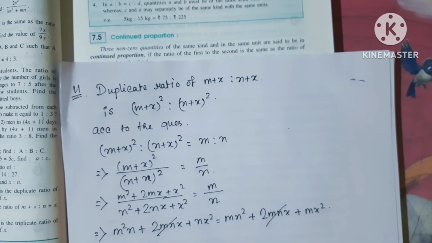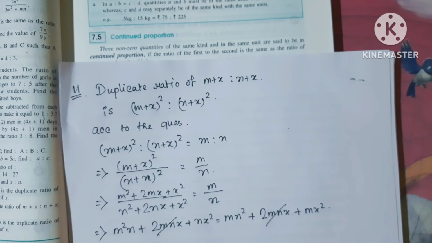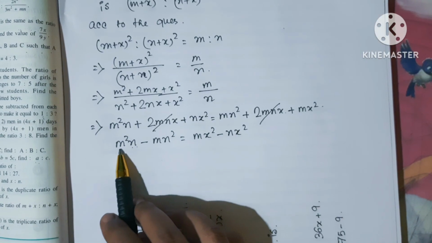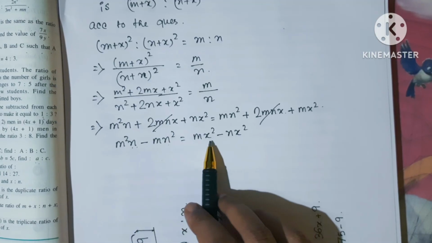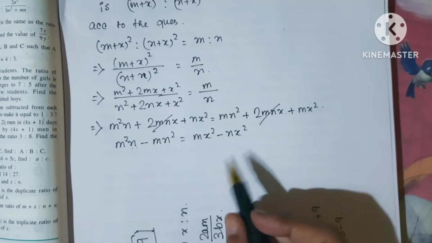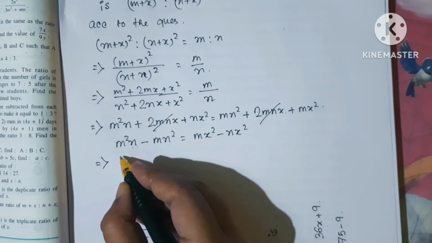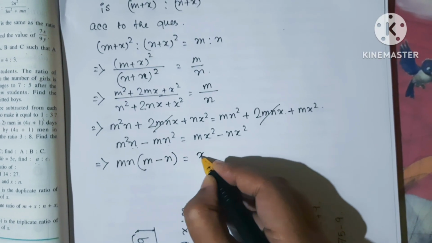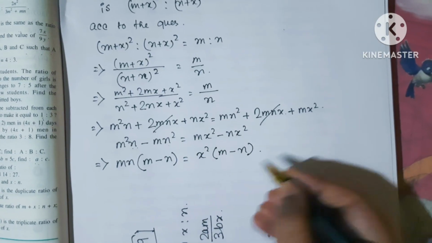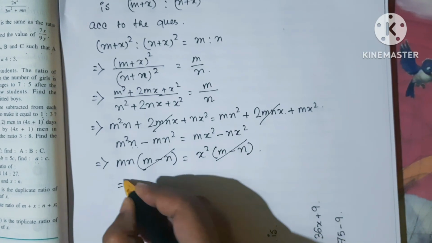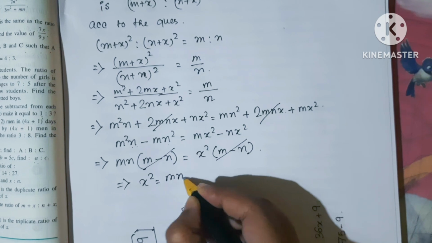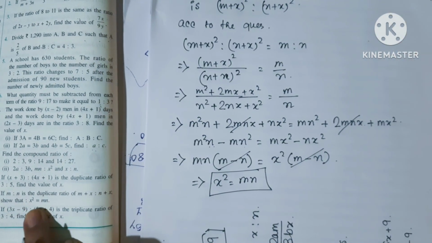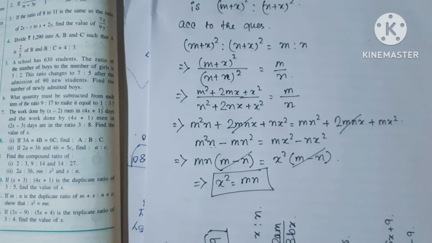Now if you cancel that term, m square n minus mn square is equal to mx square minus nx square. Now you can take common mn from the left terms, so m minus n will be there and x square. So you can cancel out this term and you will get x square equal to mn. Okay, see, you have to show that x square equal to mn.